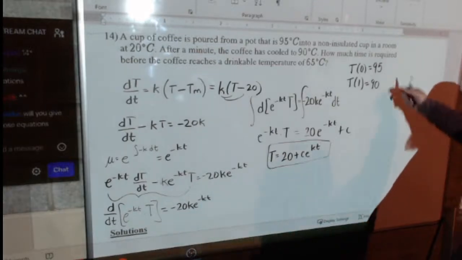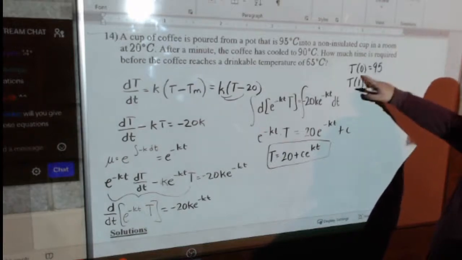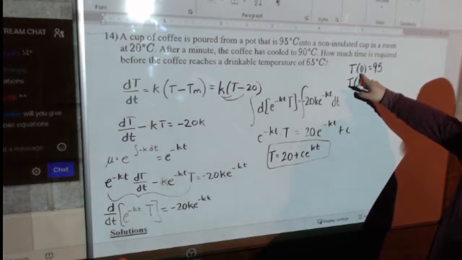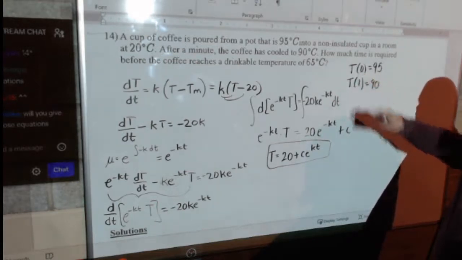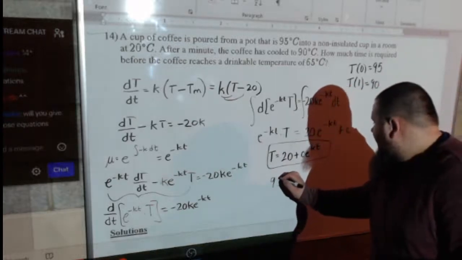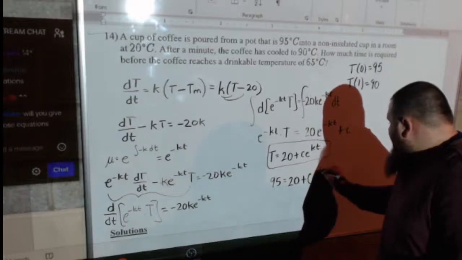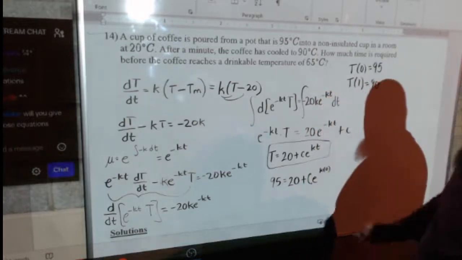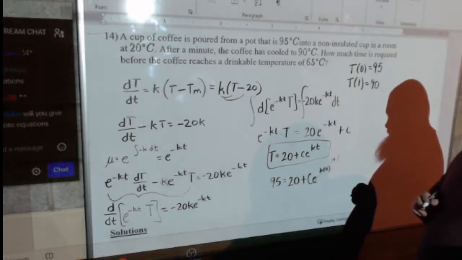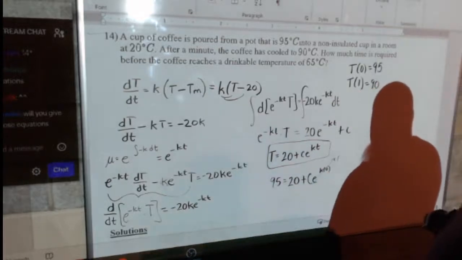So now I need to start using the conditions that were given. If I'm given one that has a 0 for the time, I should use it. So 95 equals 20 plus C e to the k times 0. That makes that go to 1. Move the 20 to the other side.